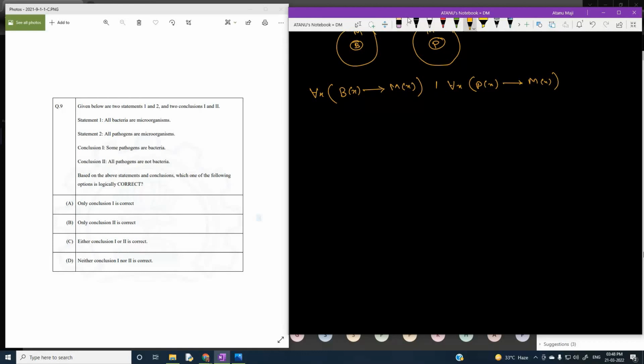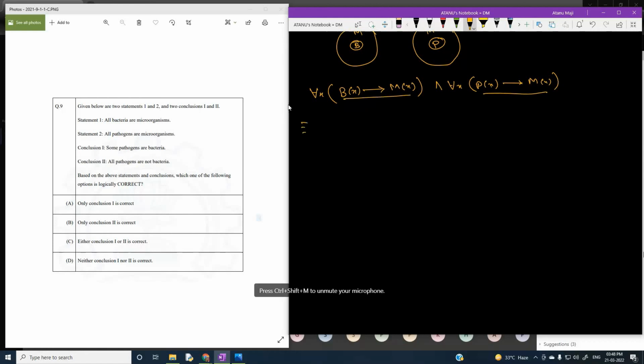Now here these two statements are happening together, तो ये दोनों के conjunction ले लो। After that I told you that universal quantifier is distributive over conjunction, तो दोनों में अगर universal quantifier है and they are connected by conjunction, so I should take this universal quantifier out and I can connect these two expressions by conjunction.